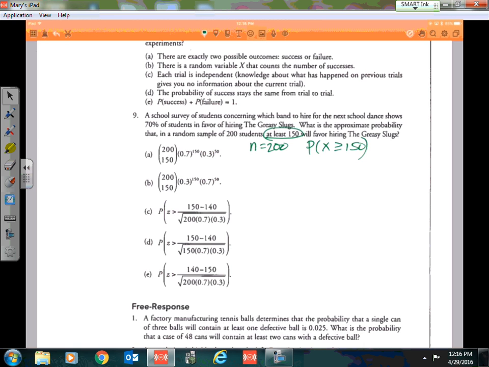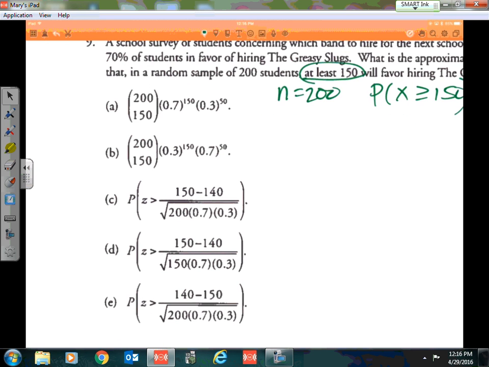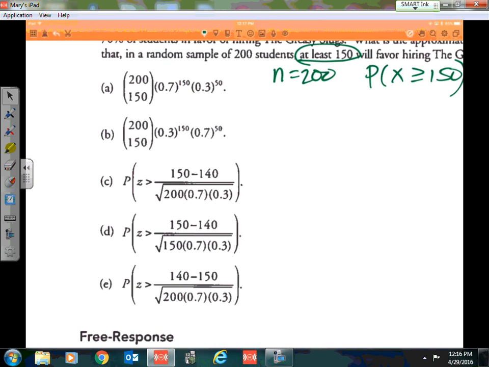All right, so talk to me about these representations. I see 2 of them are represented, the top 2, binomially. Like a binomial, the bottom ones, C, D, and E, are represented like a what? A normal model. Yeah, because it's giving me a z-score. Okay? All right, so what do you think?